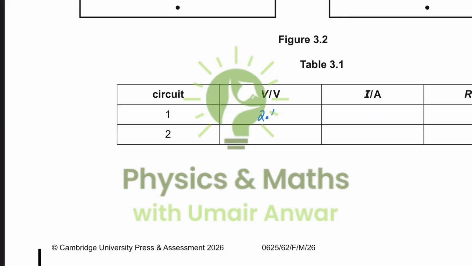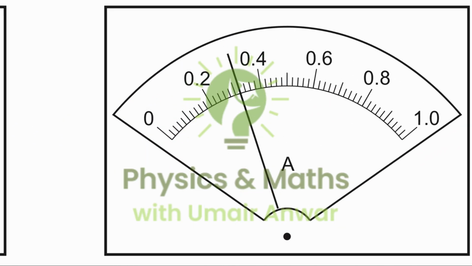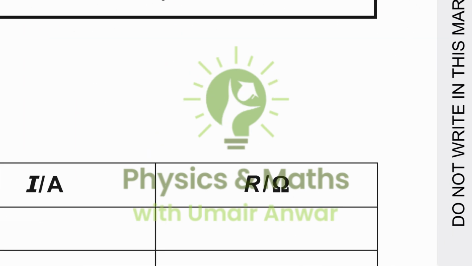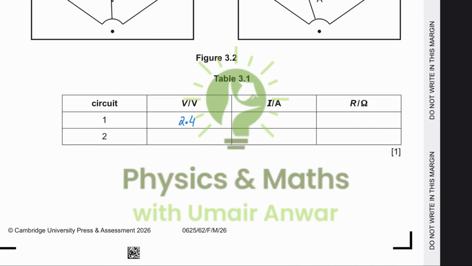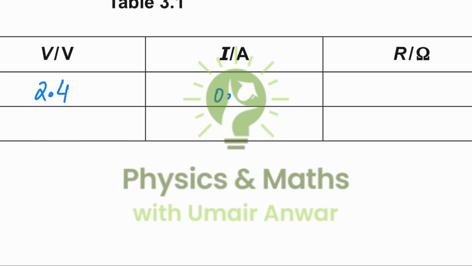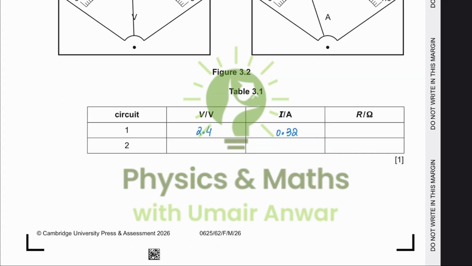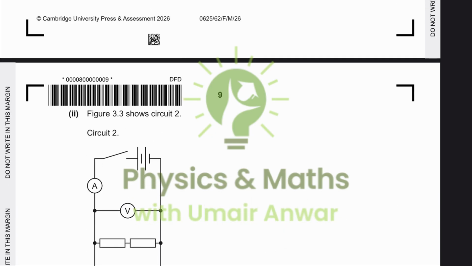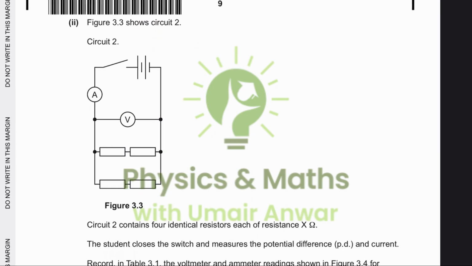For the ammeter, we can see that there are 10 graduations between 0 and 0.2, so every graduation is 0.02. Keeping this in mind, this is 0.22, 24, 26, 28, 30, and then 32. So the current has a value of 0.32 in the figure.